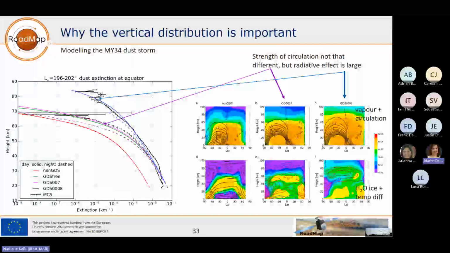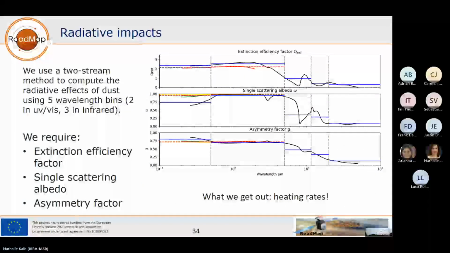So it's much more complicated than just pumping circulation. You have to have the water ice clouds in there to affect the temperature, and not have water ice clouds to get it up high enough. So it is crucial to do it right.